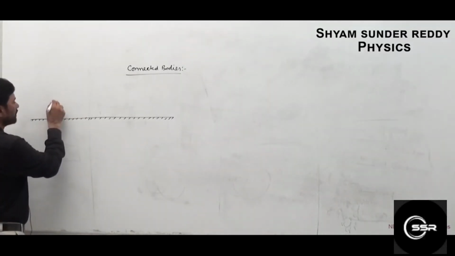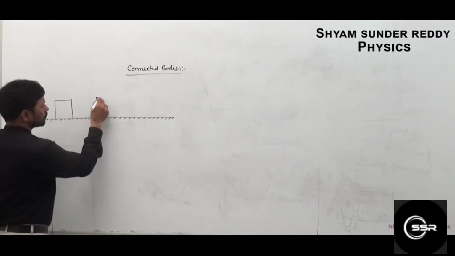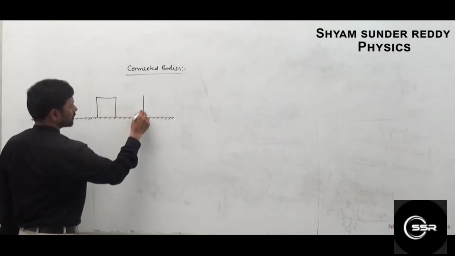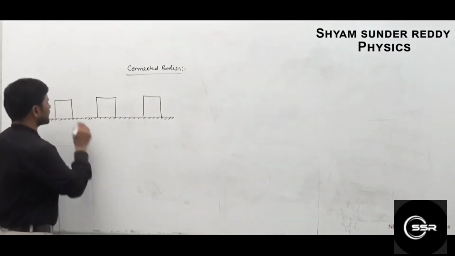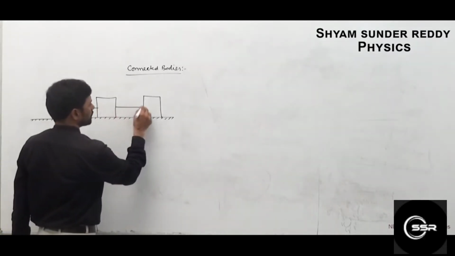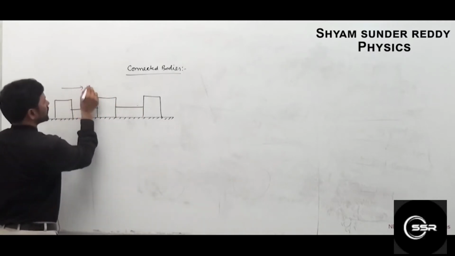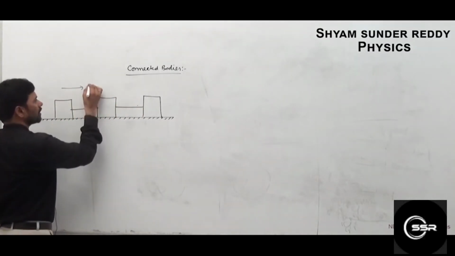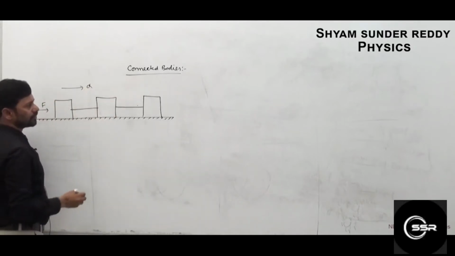On this, block 1, block 2, block 3. These 3 blocks are connected with strings, massless strings. It's a massless string. This is also a massless string. It is moving in this direction. Force is applying in this direction, that's why it is moving in the forward direction.